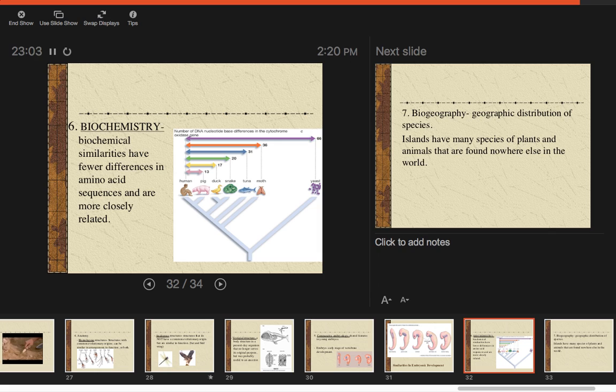And then finally, and probably the most important one, and the newest one, would be studying the DNA and seeing how similar pieces of their DNA are. Looking at the differences between DNA will tell you definitely how related organisms are.